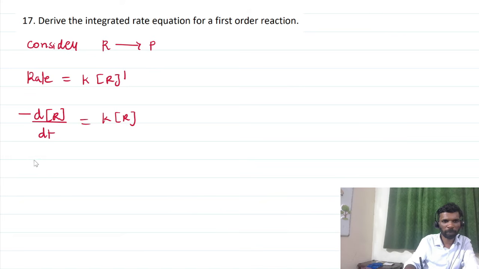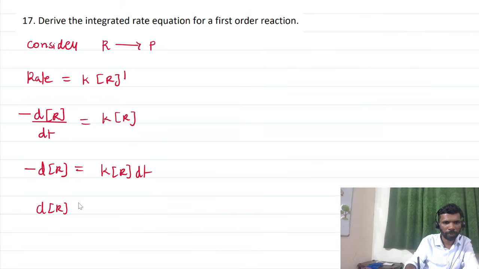So I'll rearrange these terms. I'll write minus dR is equal to K R dt. So dR is equal to minus K R dt.